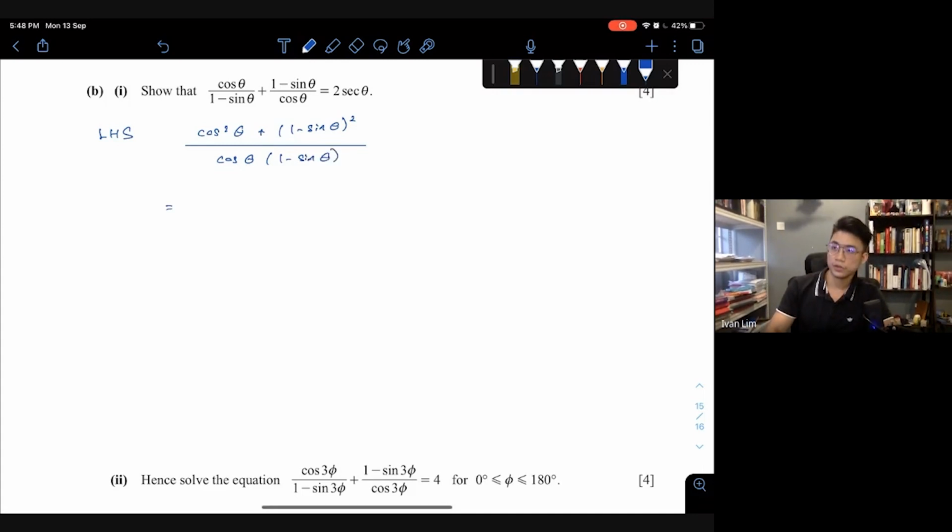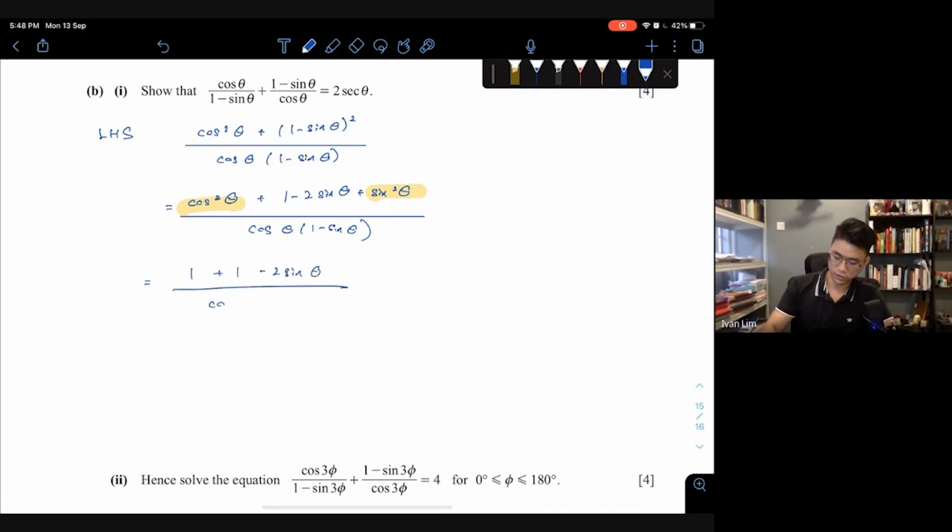Which will give you cos square theta plus 1 minus 2 sine theta plus sine square theta over cos theta times 1 minus sine theta. Sine square theta plus cos square theta is 1. So 1 plus 1 minus 2 sine theta over cos theta times 1 minus sine theta.